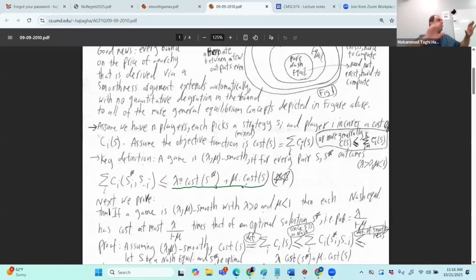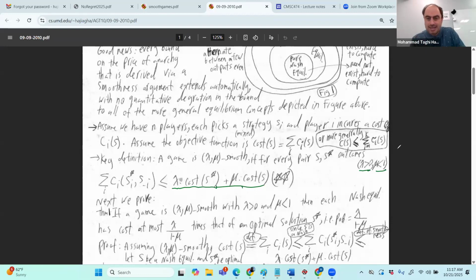It means that if I combine S and S star, my total cost would be bounded by lambda times the cost of S star and mu times the cost of S. And this should be correct for lambda greater than 0 and mu less than 1. Good. This is the concept of smooth games. A game is called smooth if it has this property.